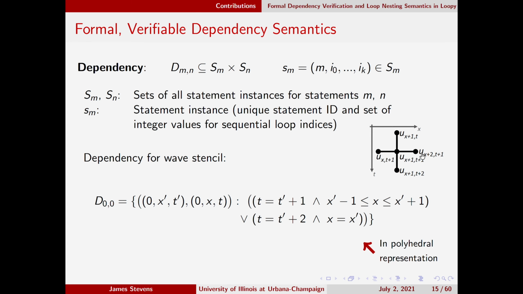That's the dependency on these three center elements. Or t equals t' plus 2 and x is the same as x'. That's the dependency on this from the top to the bottom element.